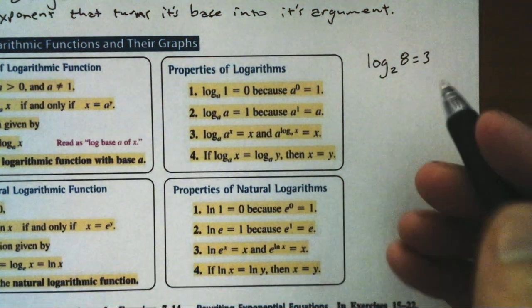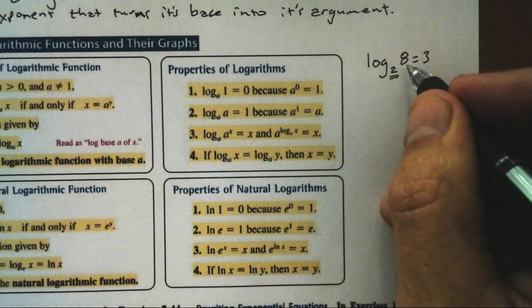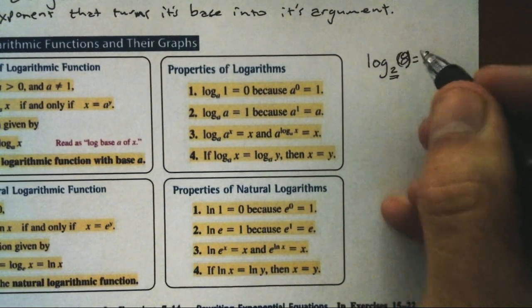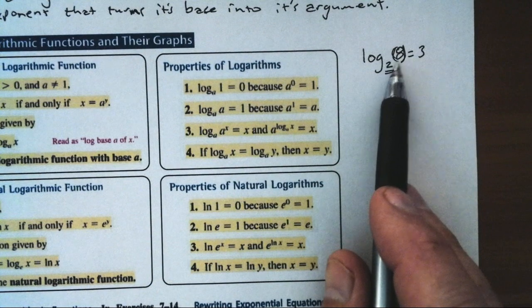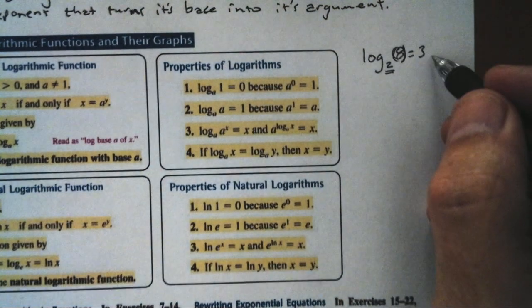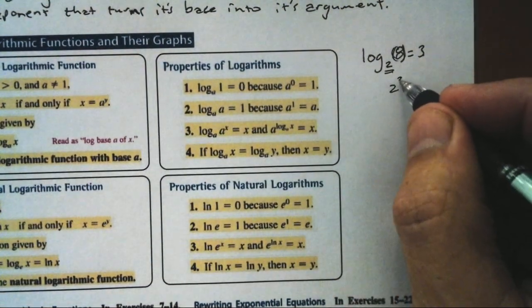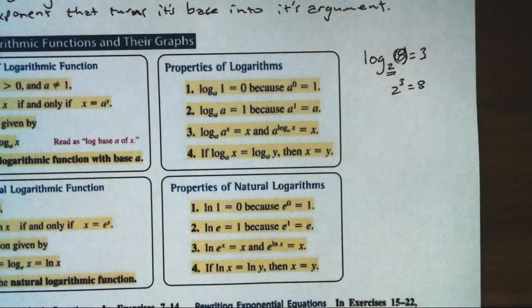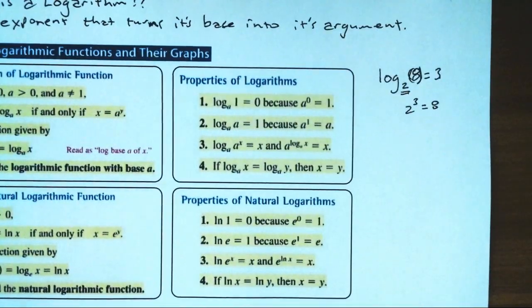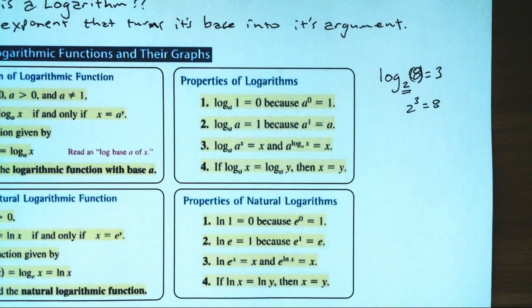So 3 is the exponent that turns the base into the argument, which is the thing we put into a function. 8 is the argument here. So this means that 3 is the exponent that turns 2 into 8. It's another way of writing exponents. There's a lot of advantages to using logarithms in a lot of real-world problems.